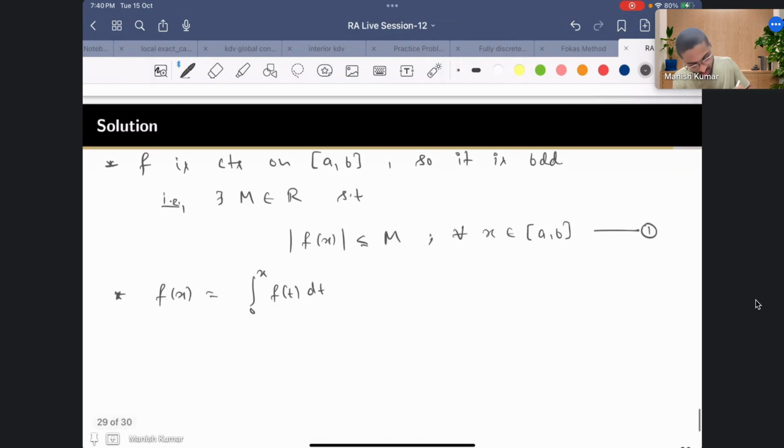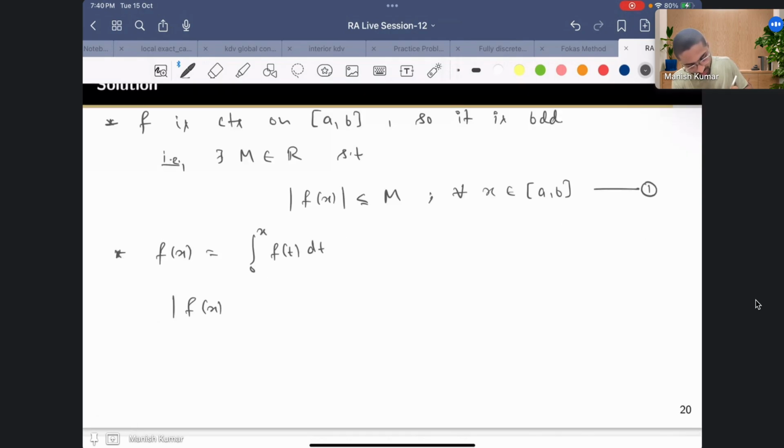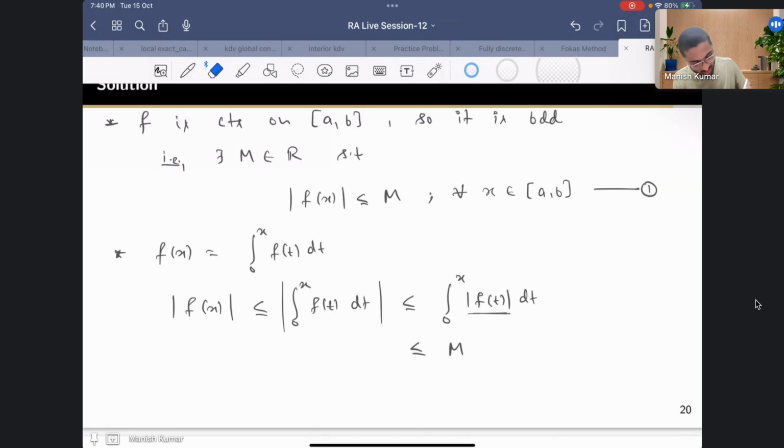If I take the modulus, |f(x)| is less than or equal to the integral of |f(t)| dt, and now you know that this function is bounded by M, so I can write this as M times (x minus a). Good, so let's say this is 2. This is another bound of f that we have got. This was one bound, this is the other bound.